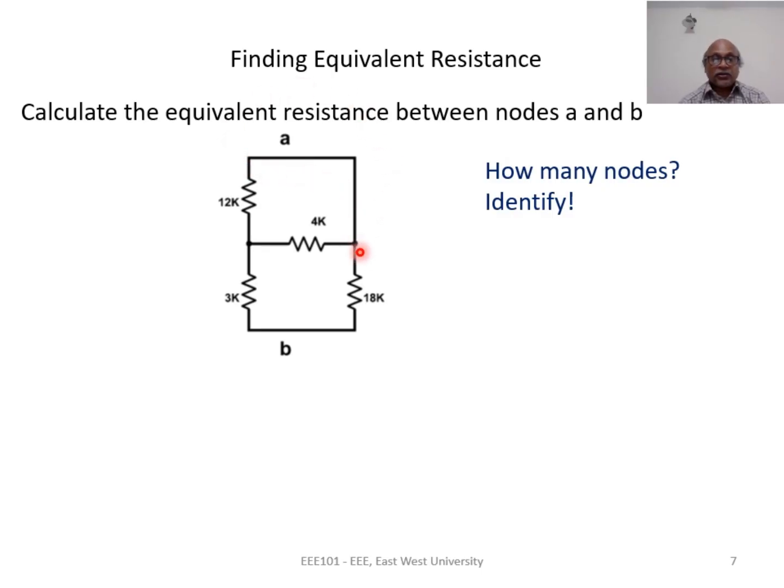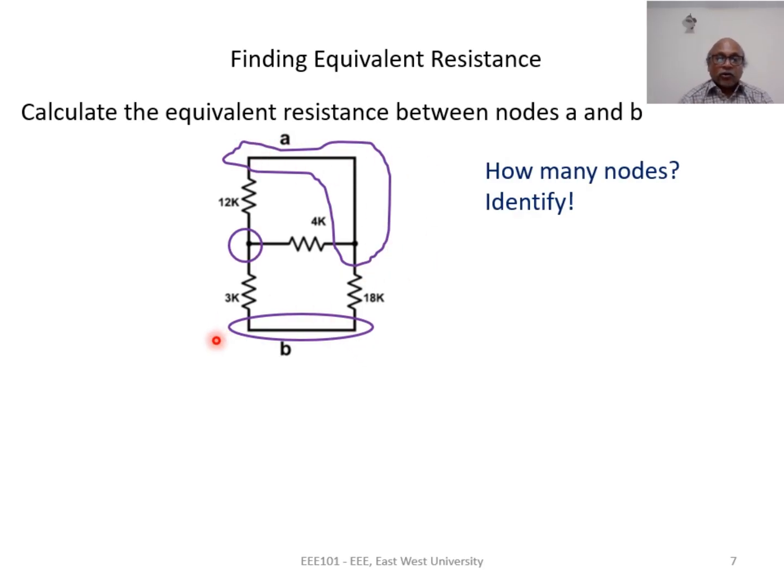This whole thing is node A. So we have three nodes. This L-shaped node is already named A. The bottom node is already named B. There is no name for the third node. We have to give that a name. We call that node C. So there are nodes A, B, and C, three nodes.